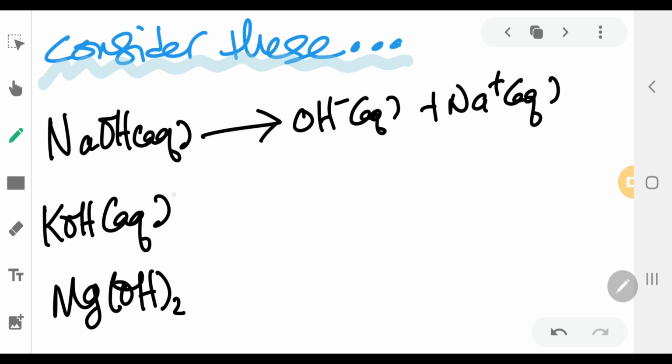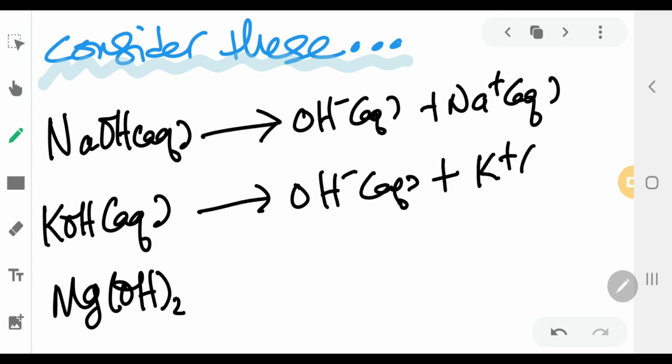the positively charged species Na+. Same goes for KOH. You will be producing the OH minus, and the K plus aqueous, complete dissociation.